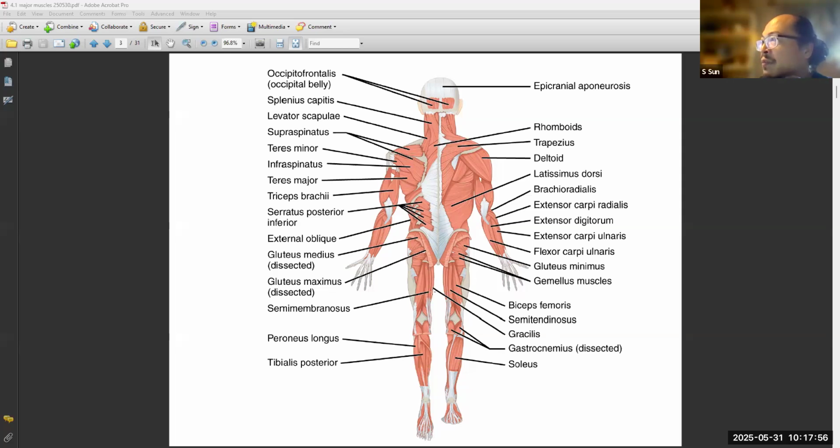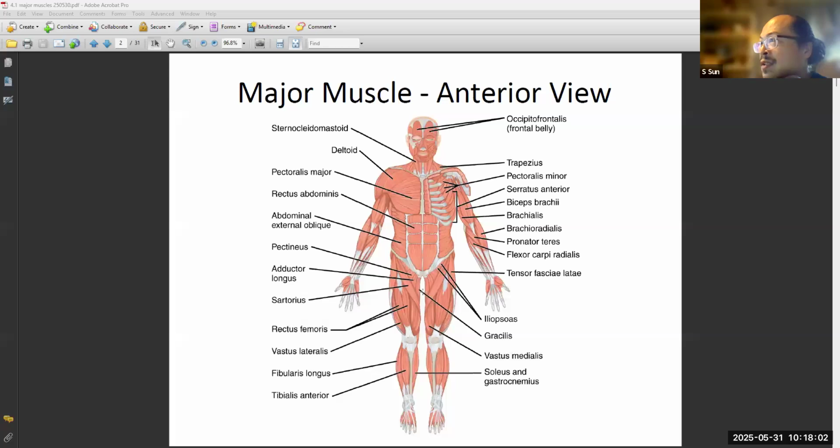So that's one. And then the next thing is the very medial one, called gracilis. We also saw this one previously. Gracilis is very medial, very long, and also very thin. It goes all the way down from your pubis into your knee area.